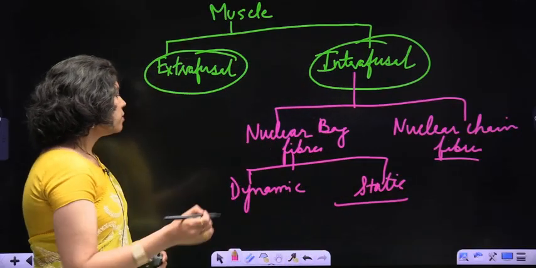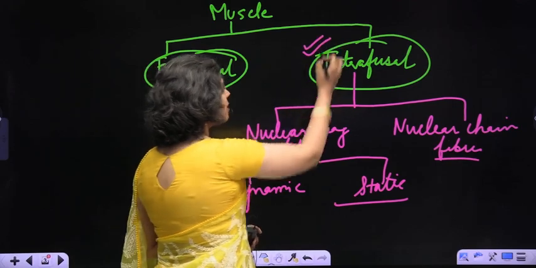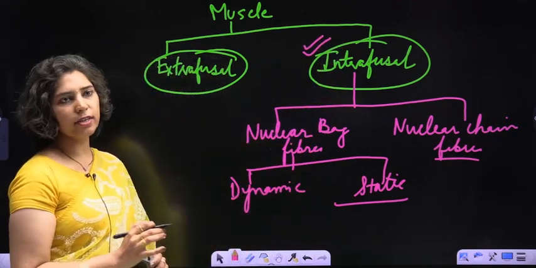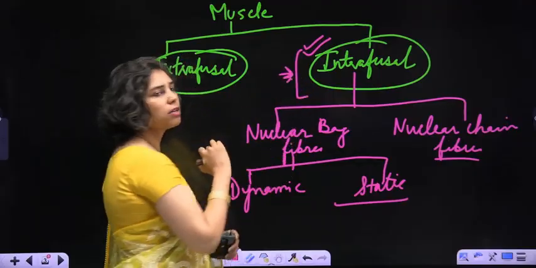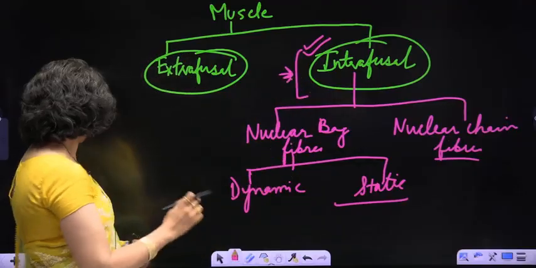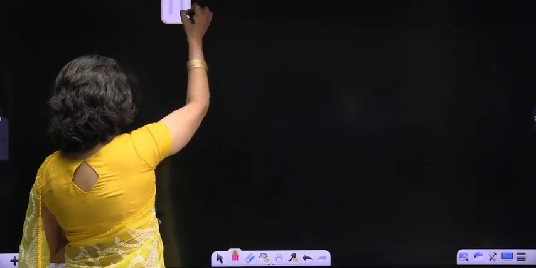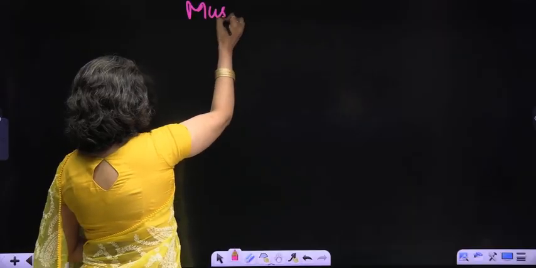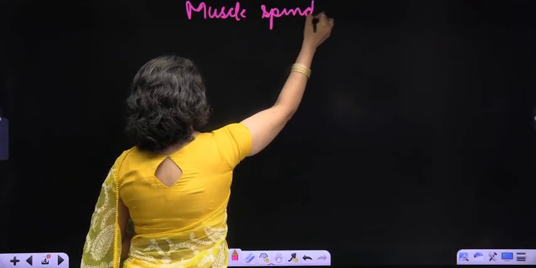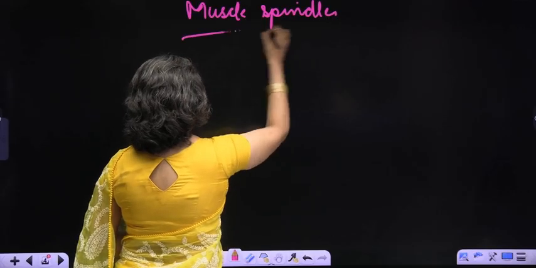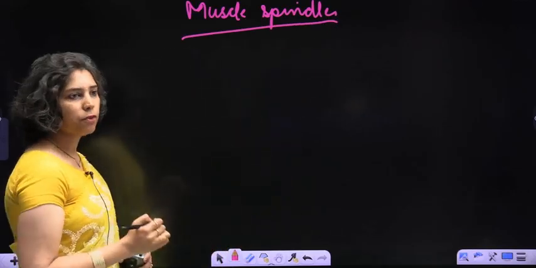These intrafusal fibers play a very important role in the initiation and regulation of the stretch reflex. How? We shall understand. Here intrafusal fibers basically mean our muscle spindles. These are the intrafusal fibers.